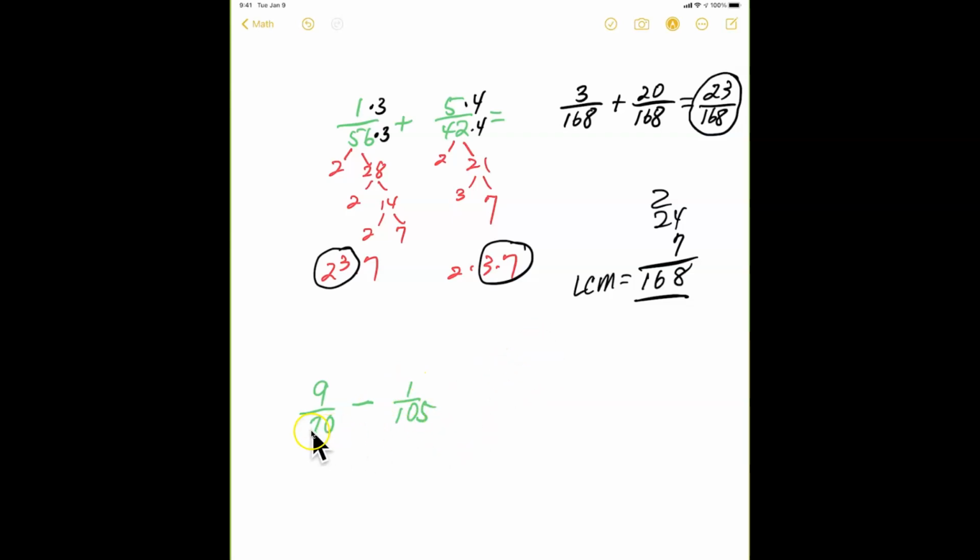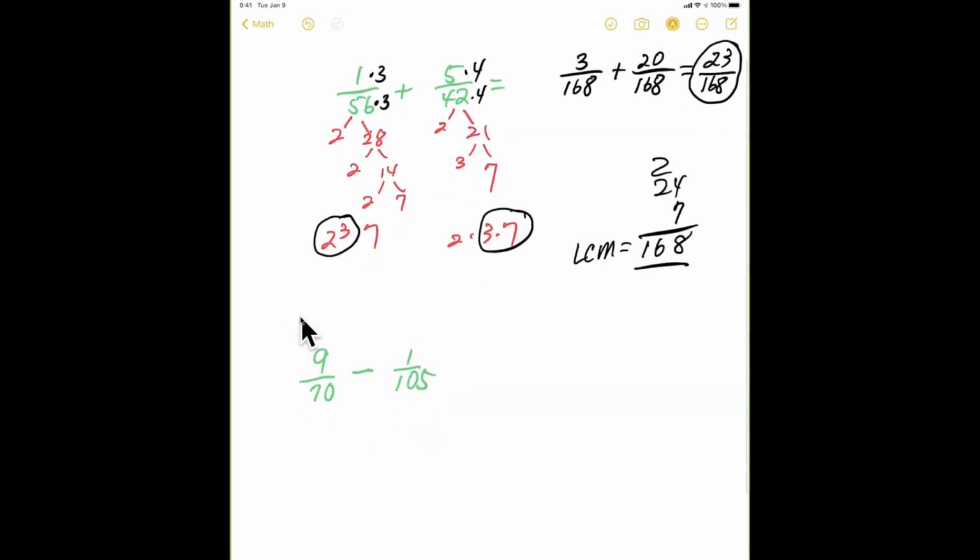Okay, let's shift quickly to 9/70ths minus 1/105th. I don't know if you guys are thinking how many times 35 might go into these, but I think that might be a clue. We're going to go ahead and do a prime factorization here. I'm going to say 3 and 35, and then 5 and 7.